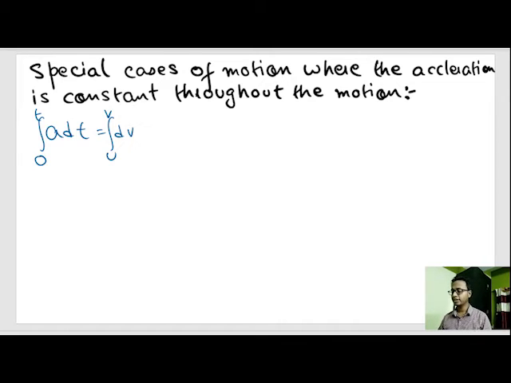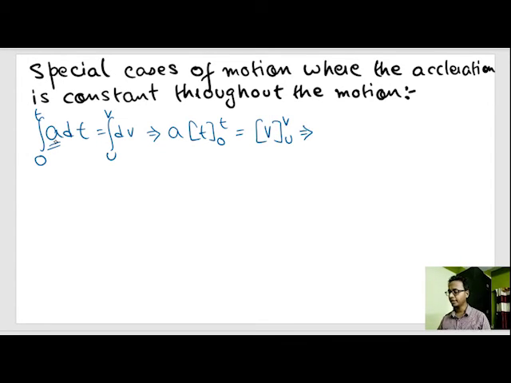Okay, so suppose this a is a constant. This can also be written as a into t, from t initial to t final, equals v, where v initial is equal to u and v final is equal to v.